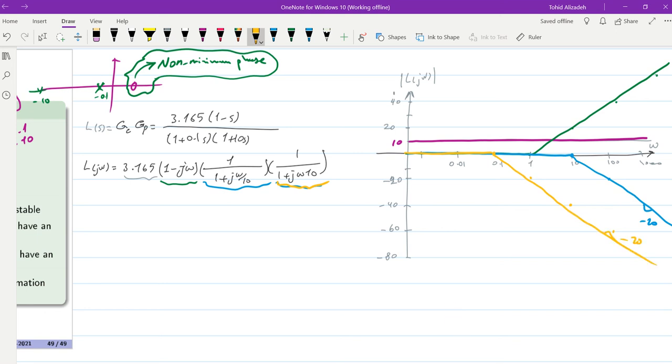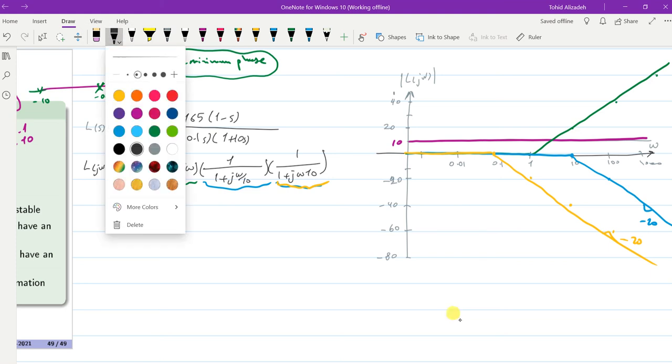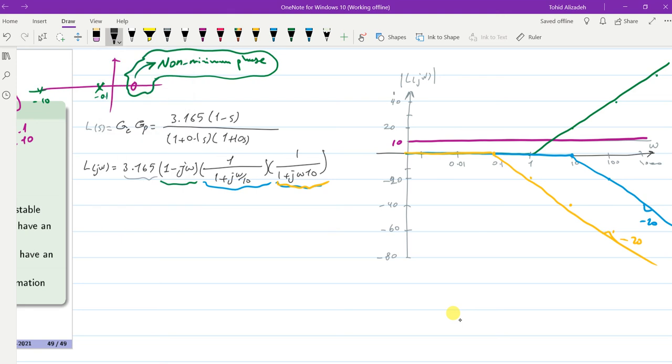Now we can put everything together and obtain the overall Bode plot for this system. The initial starting point will be 10 decibels up to omega equal to 0.1.